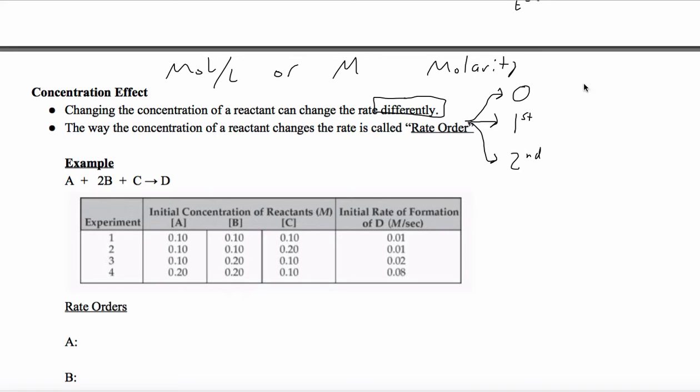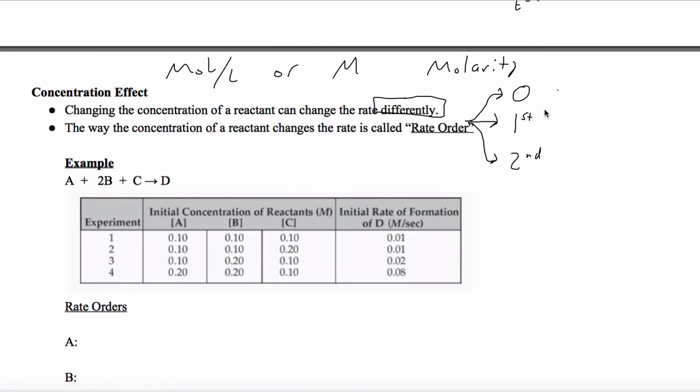In zero order, the rate is not affected by changing concentration. In first order, the rate is affected in a one-to-one manner by changing concentration. And in second order, the rate is affected by the power of 2 in an exponential fashion.